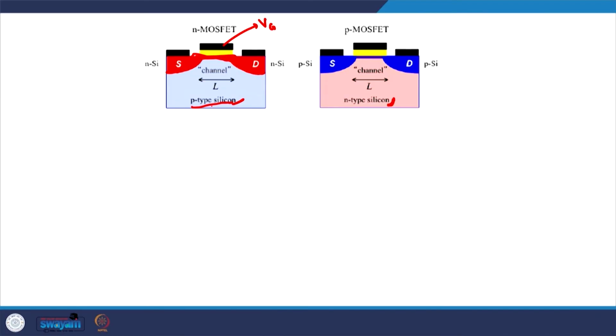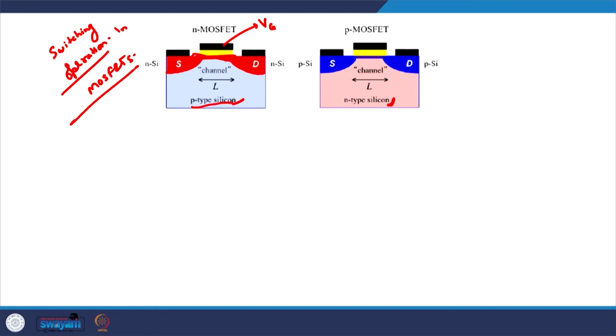And if we apply a negative voltage, that will essentially turn off the device, and that is essentially the switching operation in the MOSFETs.